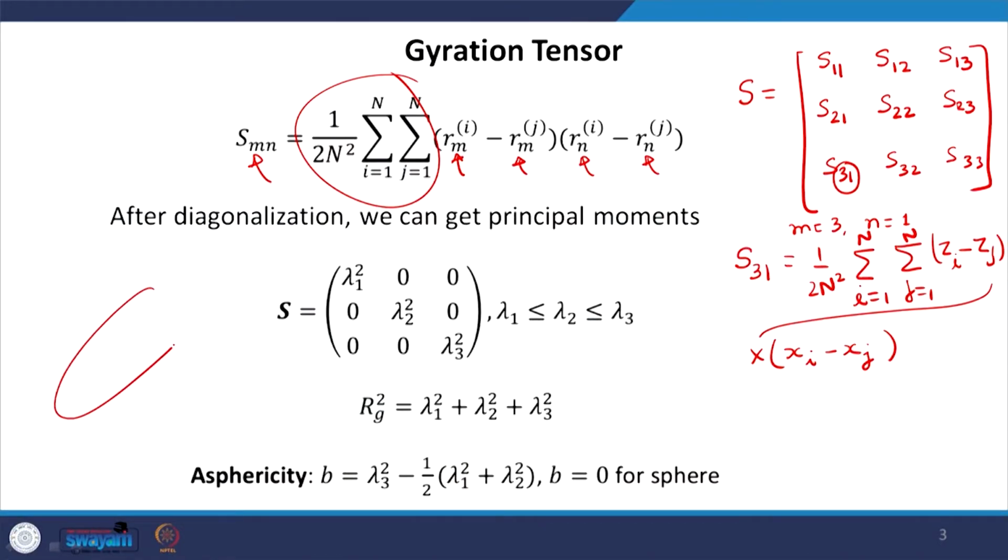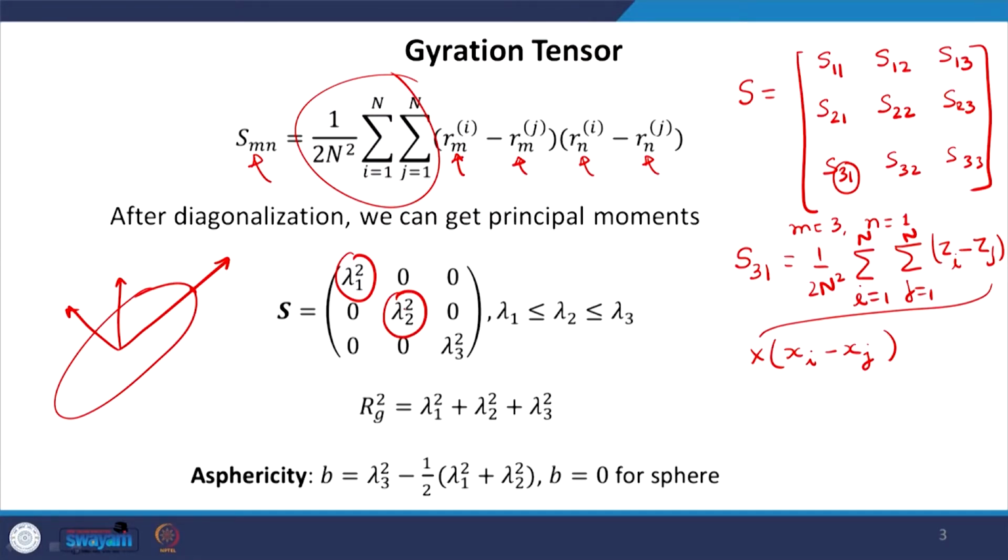Every molecule I can define in a way where you have a principal axis along which the dimensions are maximum, and then 2 other axes along which the dimensions are lesser. If it is a spherical particle, then all the 3 axes will have the same dimension. If it is a non-spherical object, then you will have one of these components higher than the other components.